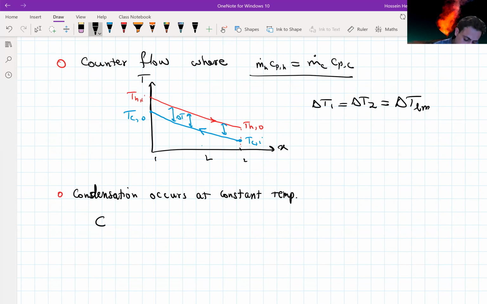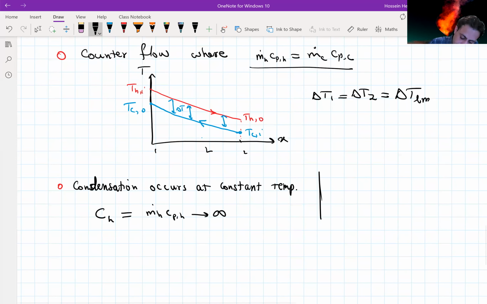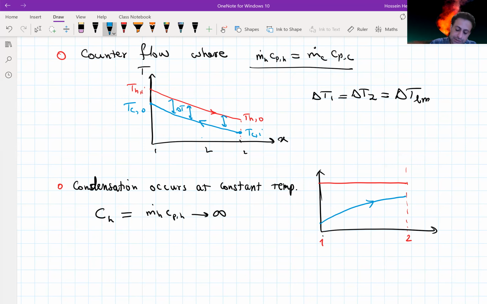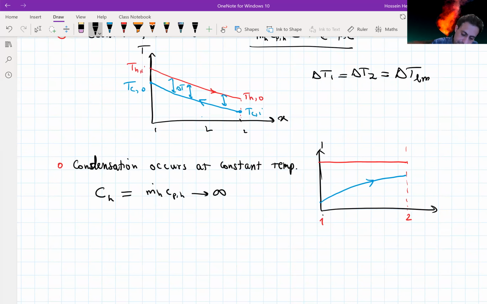And condensation is characterized for practical applications in design of heat exchanger, m dot h Cp h can be assumed to go to infinity. Now looking at the temperature profile, what we are going to see here is a constant temperature, and it doesn't matter really from which side the flow is getting in. So this is point 1, point 2. But for the cold temperature, what you're going to see is the increase in the cold temperature. So the temperature does not really change. So this is T and x for the length of the system.